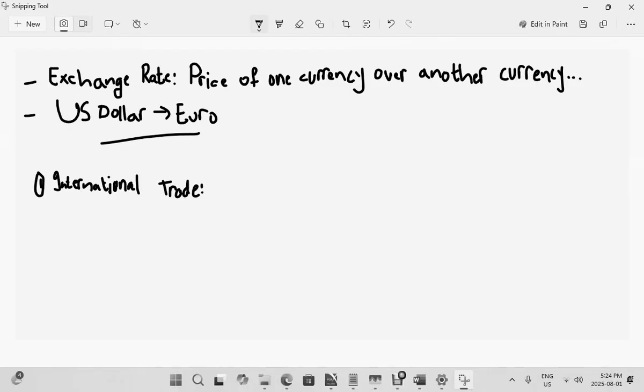And this international trade has to do with international import and export of goods.